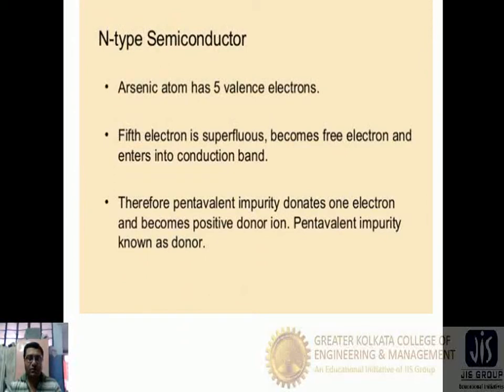The 5th electron is superfluous, that means it's in excess, because it is a free electron and enters the conduction band.